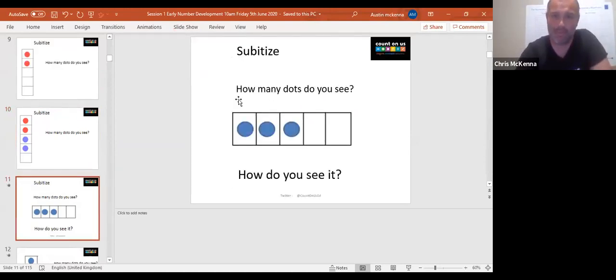Do you see that there are 3? And we might ask questions like, how do you see those dots? So can you see 1 + 1 + 1, or you can see 2 add 1? I'm just going to stop share a second because I don't know if I've got a slight technical hitch. Sorry, give me a second, I'd pushed the wrong button there. So I'm going to start the share again, sorry. That was my fault there.